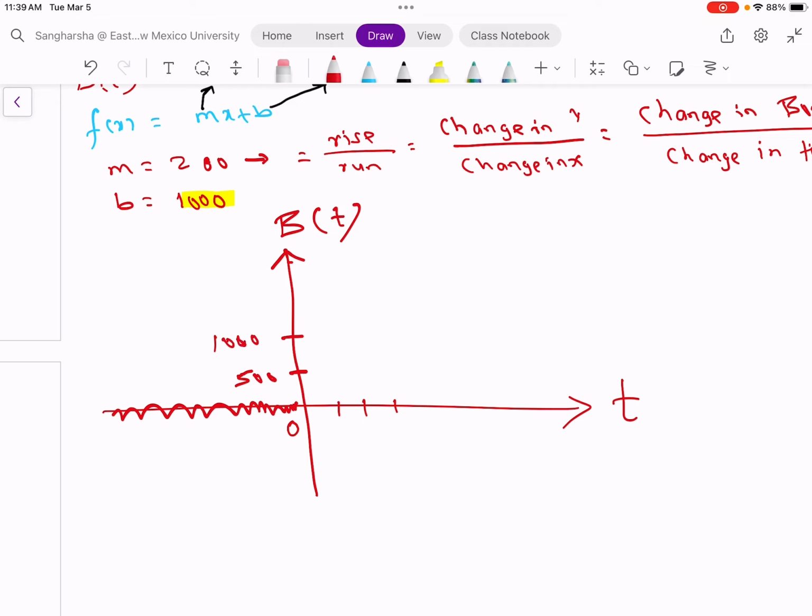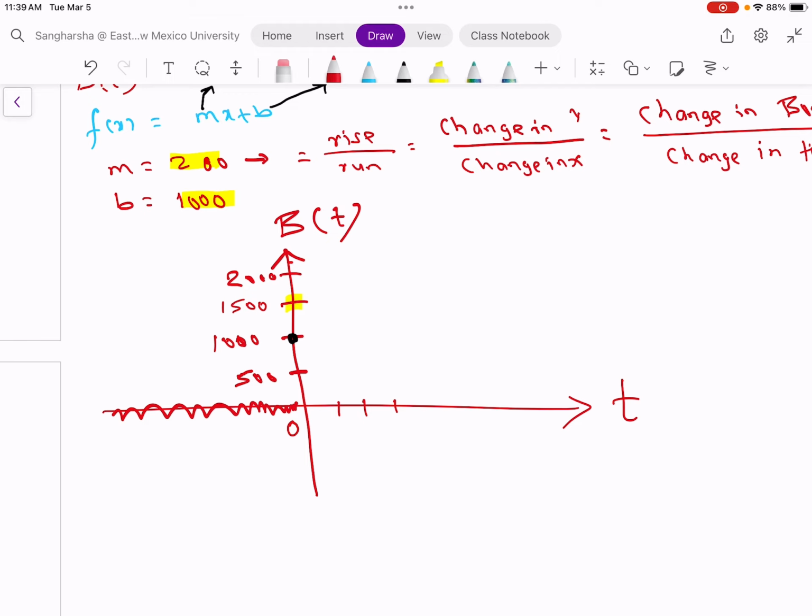So our y-intercept is 1,000. So this is the first point. Now, how can we use the slope here to find the second point? So this is 1,500 and this is 2,000.